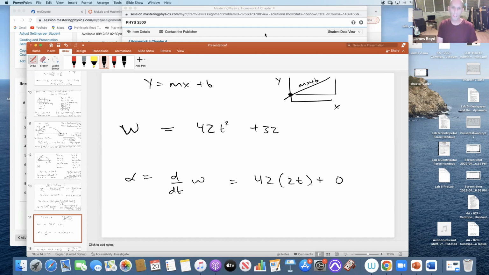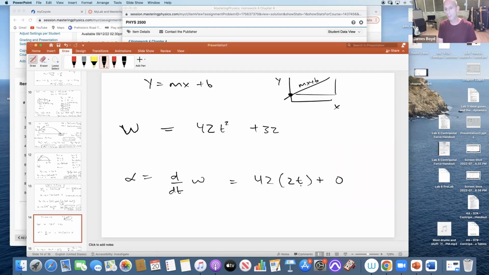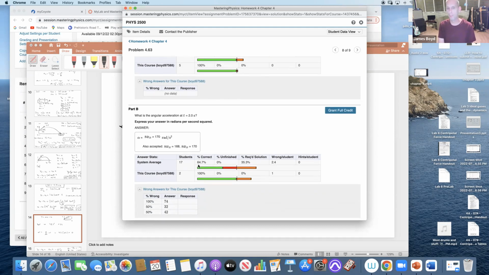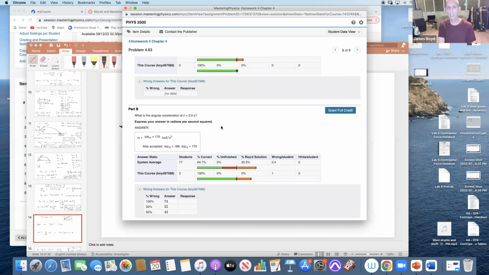Now, 42 times 2 times t, when t is equal to 2, 2 times 2 is 4, 42 times 4 is 168, or 170, which is what they got. I would say it's 168, which is fine. But you just take the time derivative of the trend line to get your alpha, because it is that.